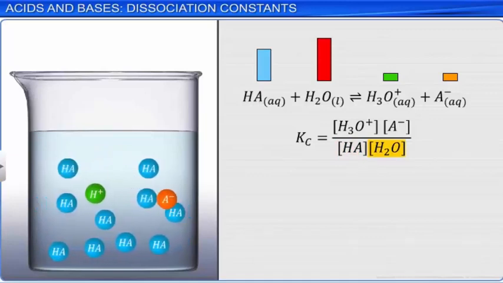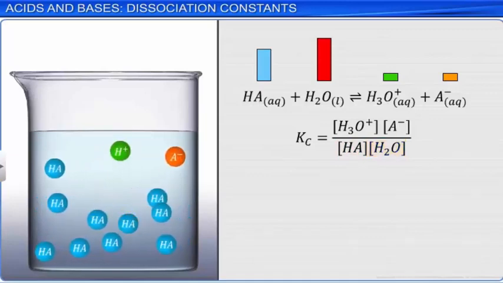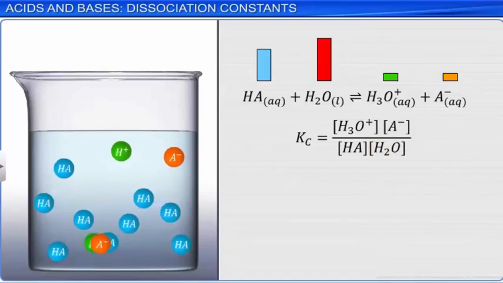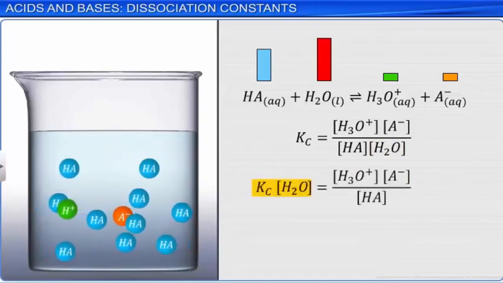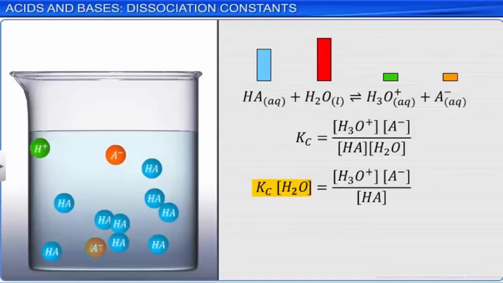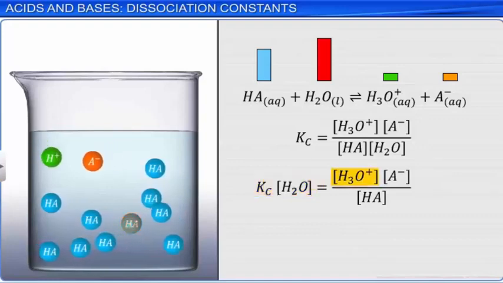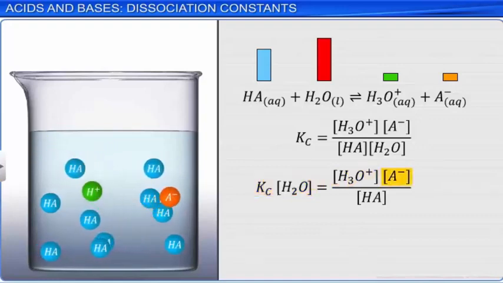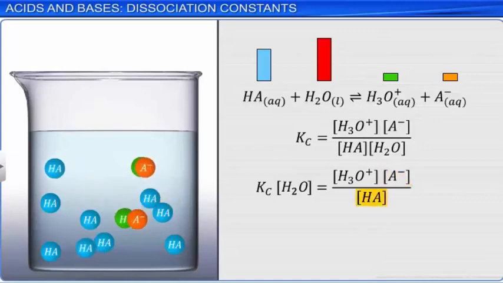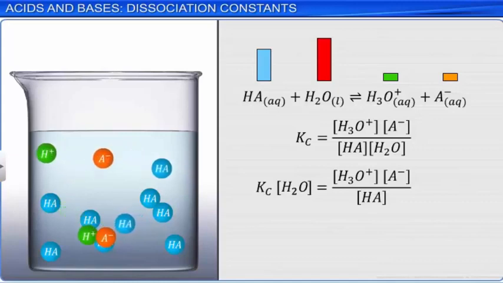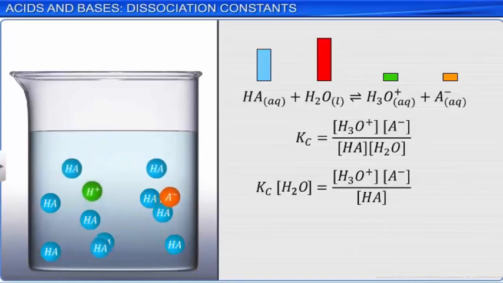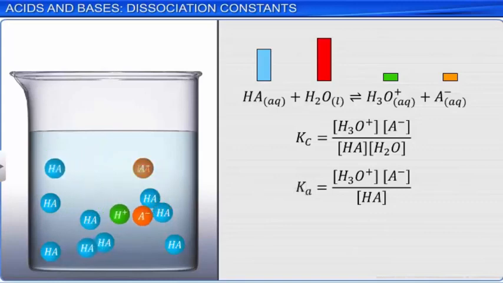Hence, it may be written as Kc into H2O is equal to the product of concentration of H3O plus and A minus ions, divided by the concentration of HA. Since Kc and concentration of water both are constants, their product is also constant, and it can be taken as Ka, that is, Ka is the dissociation constant of the weak acid.